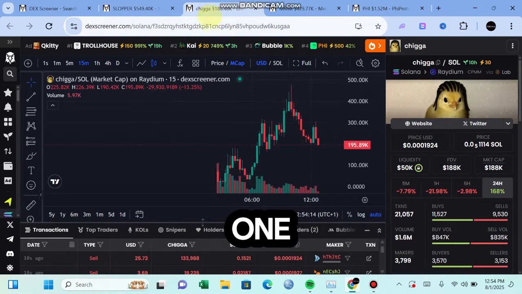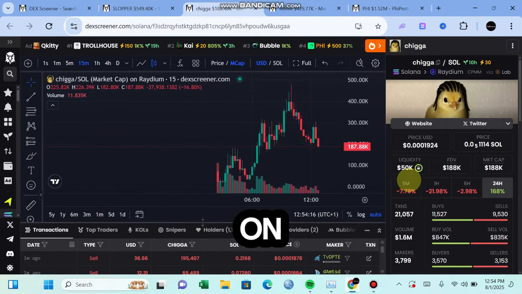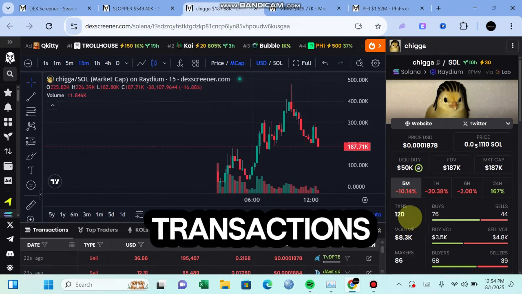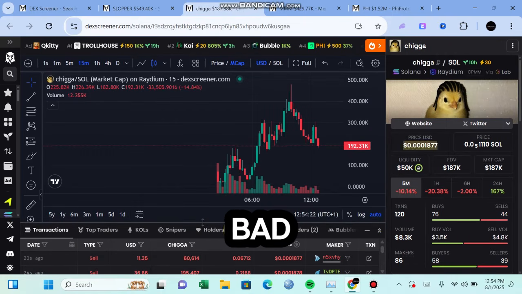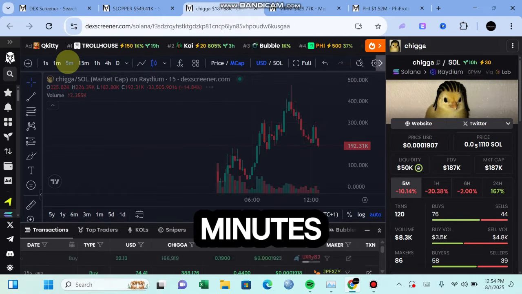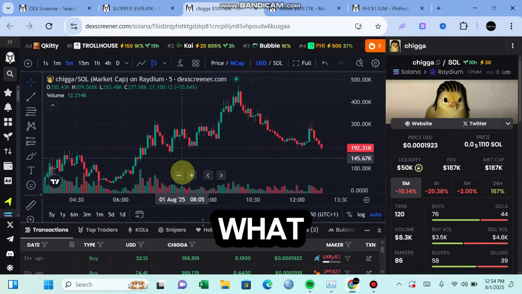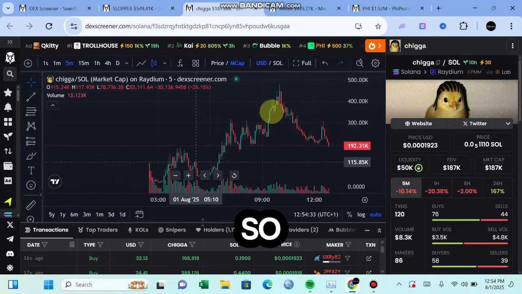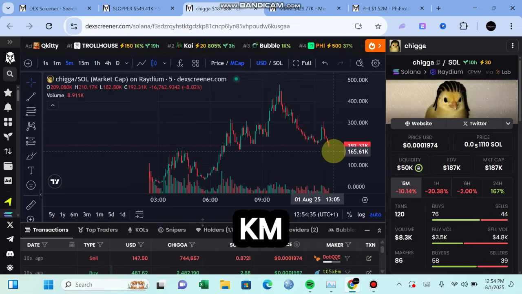So the second one, Chica, in 5 minutes, that's over 120 transactions, which is not bad. And it's a recent coin, 10 hours ago. So you can put this in the 5 minutes time frame for you to see what the coin has actually done. So this is like a pullback to 100k market cap.